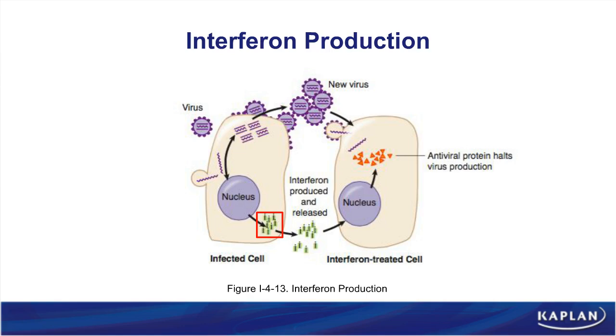So it's a really good indication to the cell that something's there that shouldn't be, and it leads to the production of interferon. This cell that's infected produces the interferon, and it releases that interferon, which is going to bind to neighboring cells and initiate sort of this inhibition of protein synthesis.